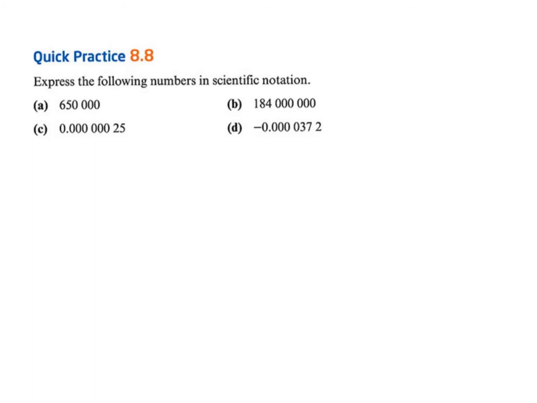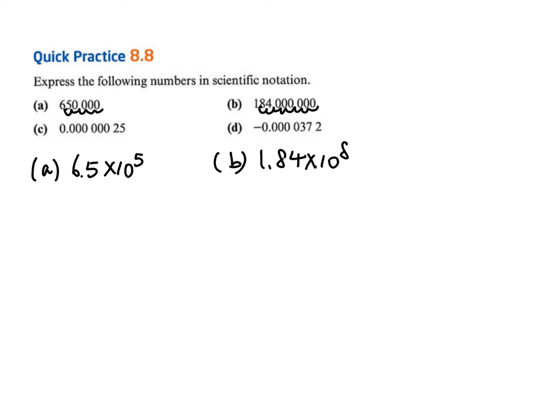So very easy. For part A, here would be 1, 2, 3, 4, 5, 5. So it should be 6.5 times 10 to the power 5. And then for part B, 1, 2, 3, 4, 5, 6, 7, 8. Part C, this time you move the decimal point to the right.